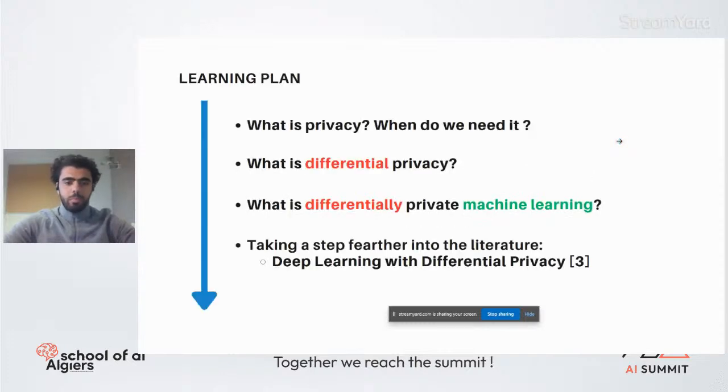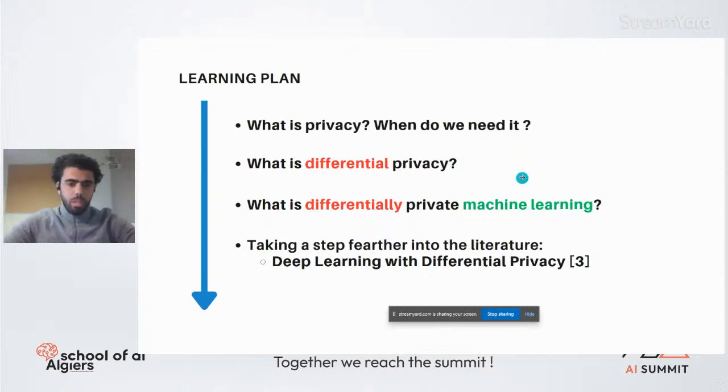So in this talk, we will try to break down our understanding of differentially private machine learning into several questions. At first, we will try to understand what is privacy and how and when do we need it. We'll try to give a formal definition of privacy, and then we will understand what is differential privacy. Differential privacy is the most commonly used formal way of defining privacy, and it's used in machine learning.